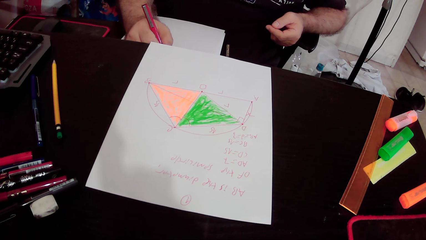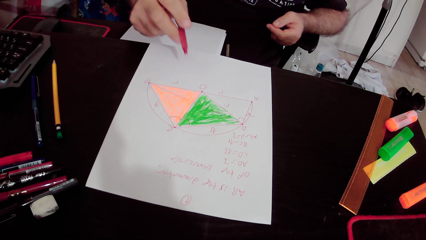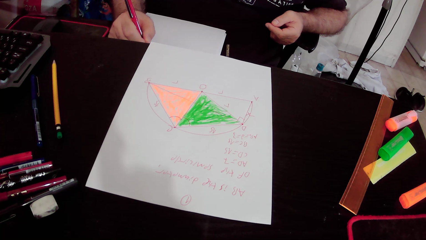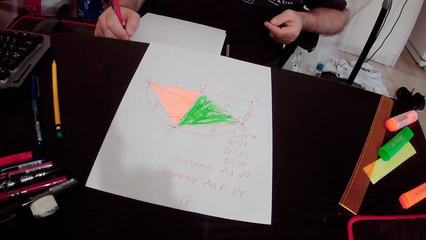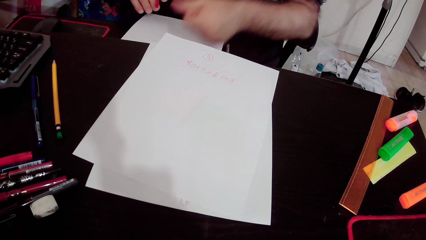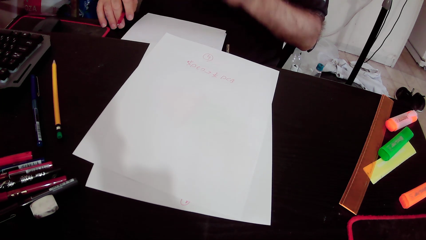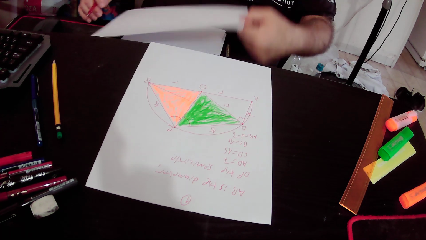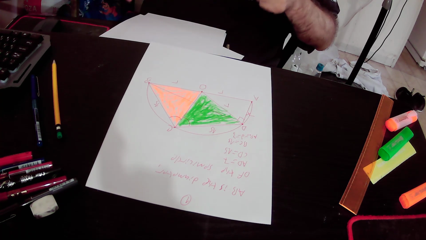Okay, angle DCO on the green triangle is equal to angle DCB in the orange triangle, according to the rule that corresponding angles in congruent triangles are equal to each other.